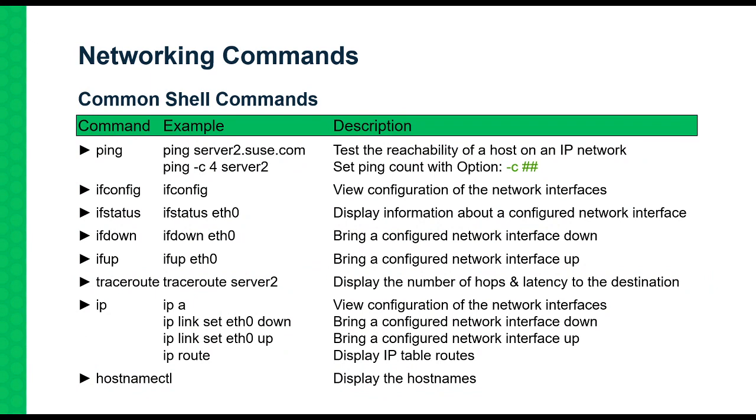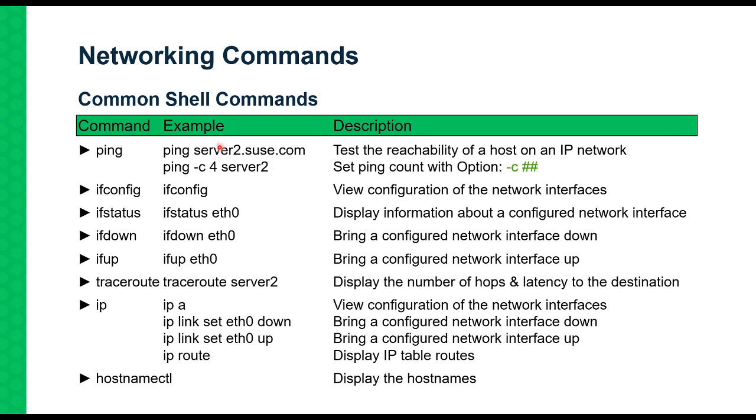Here are a few basic networking commands. The first command we'll be looking at is our ping command. This is a very common command, and the purpose is to test the reachability of a host on an IP network, and we can also set an option for the amount of ping counts.